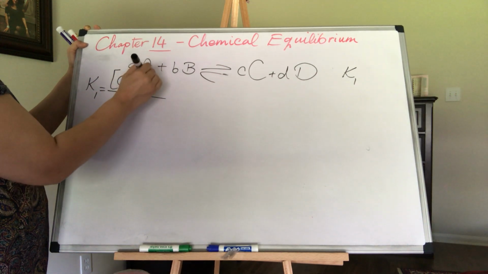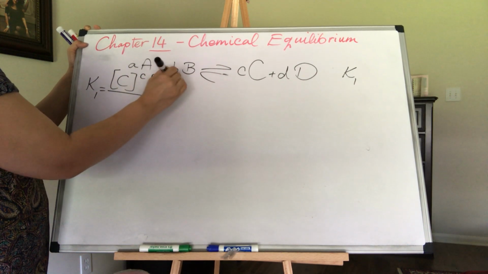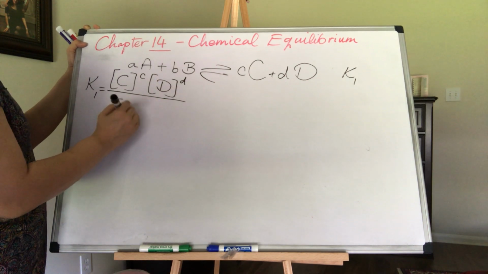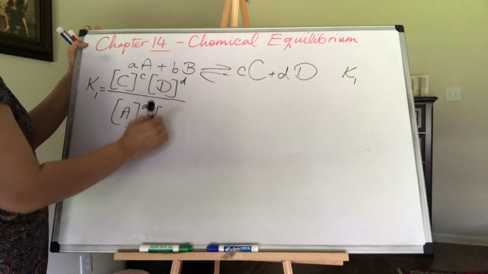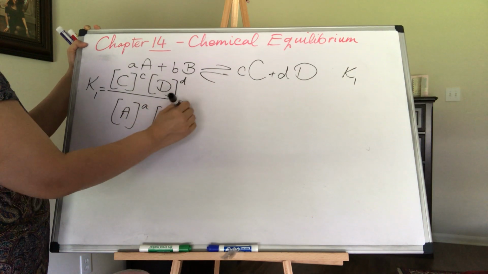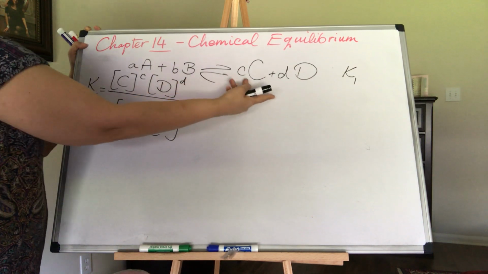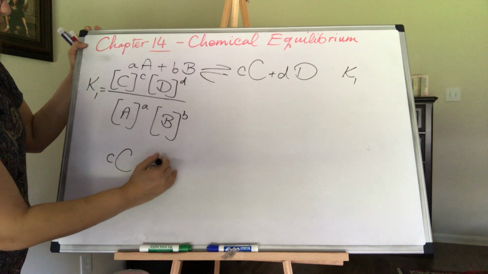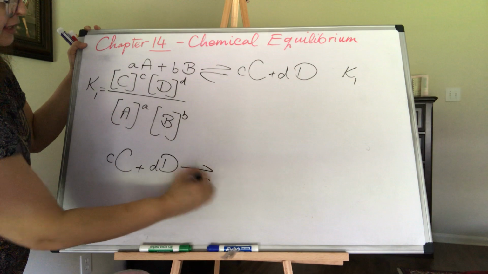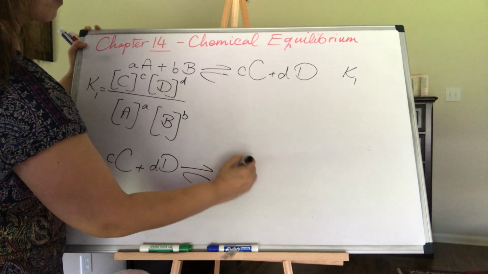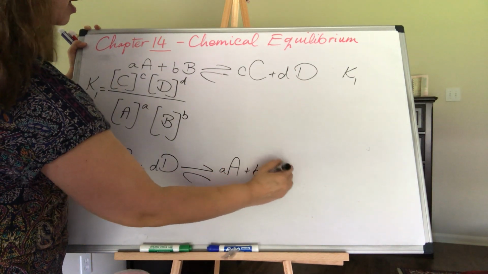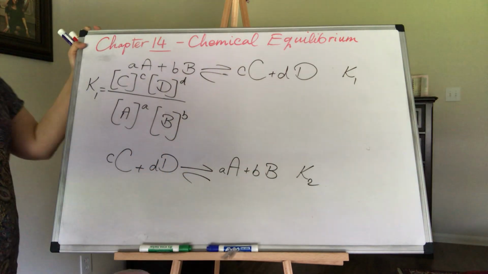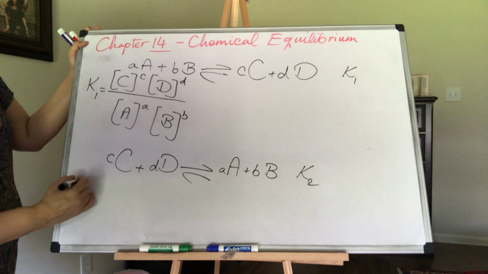C to the power of c, D to the power of d, A to the power of a, and B to the power of b. If you reverse this reaction, let's say you have C and D as reactants, and you have A and B as products. So you call its equilibrium constant K2. Write K2.